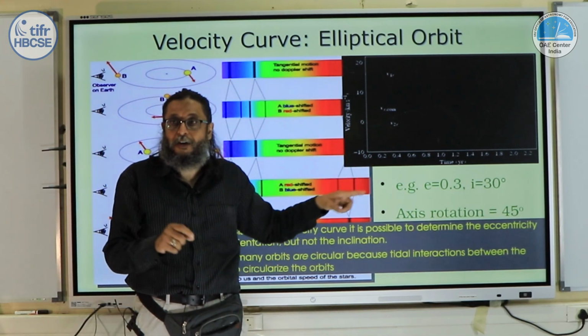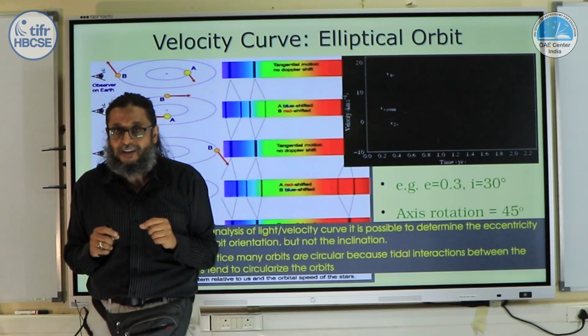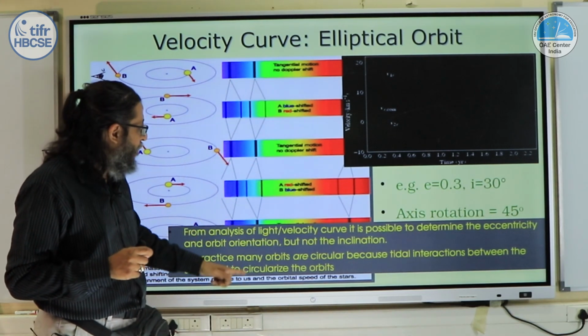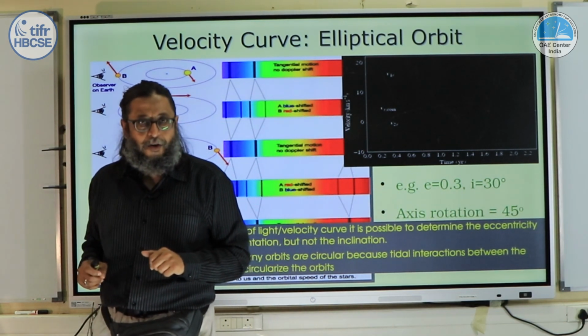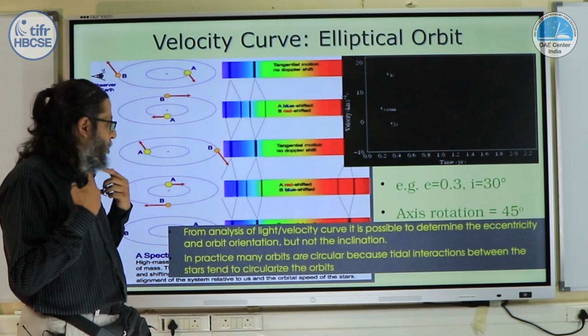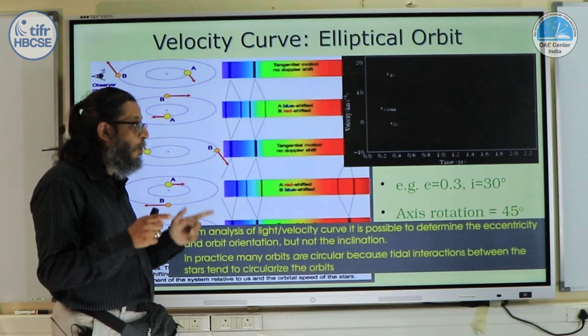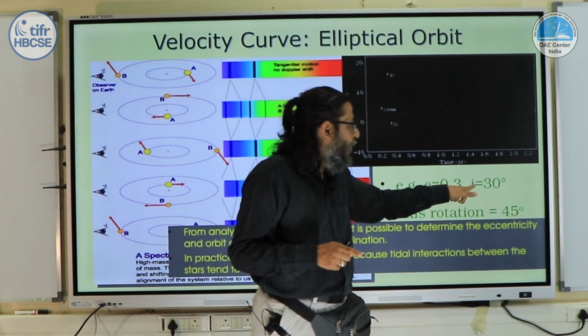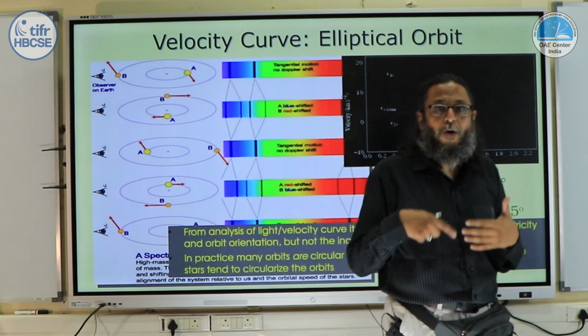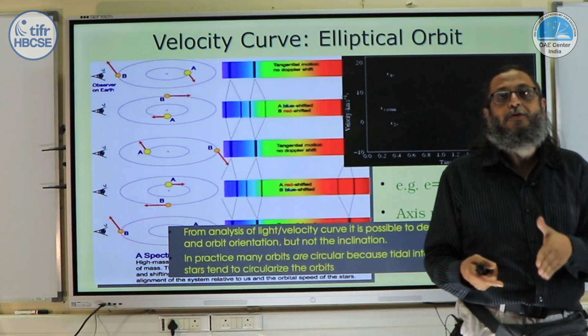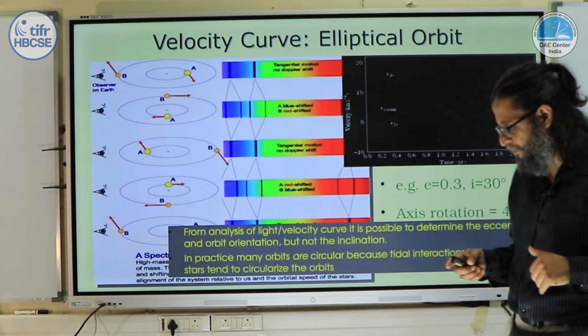From the velocity curve, we can get a measure of the eccentricity and a measure of the orientation. But it is not possible to get the measure of the inclination angle directly. This always has to be measured using statistical fitting.